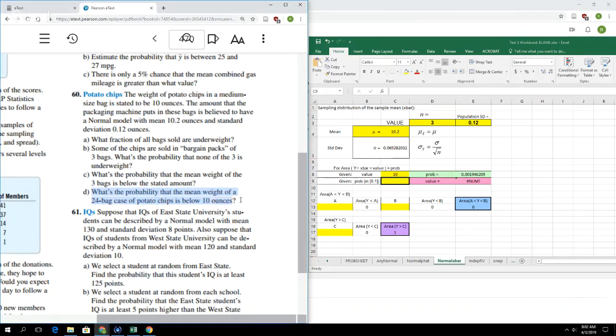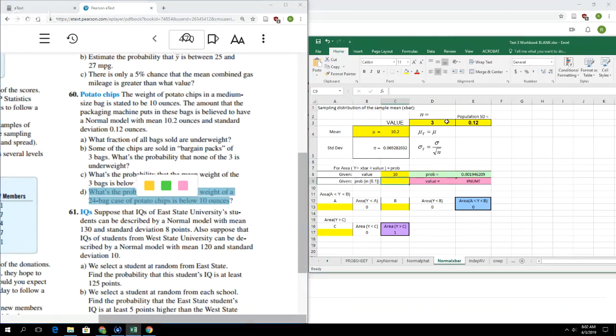D. So, what's the only thing that changed between C and D? We're not talking about 3 bags. We're talking about 24 bags now. So really, if this comes up on a test, this is what I want to see. Change 3 to 24, hit enter, and what do you note? It's ridiculously unlikely. Write a dot, write 15 zeros, then write a 1, 6. What do we see there?